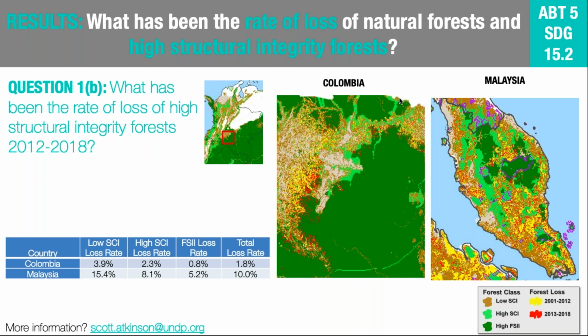And then for the highest quality forest, the high integrity FSII forest, loss rates were substantially lower. This is likely a function of accessibility of the forests relative to proximity to roads or to cities. Because the high integrity forests are low in human pressure, they're probably more distant from roads, less accessible, and as a consequence have these lower rates of loss.